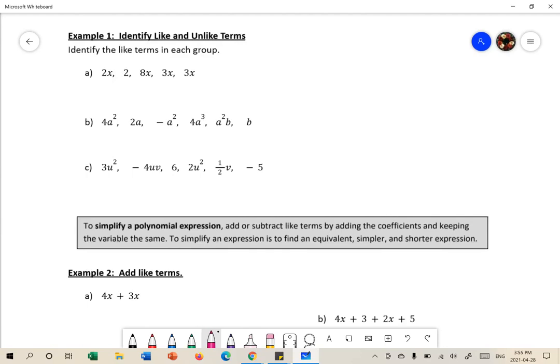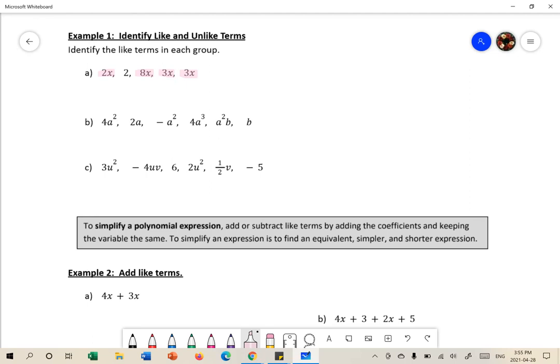Let's practice identifying like terms. In A, we have a bunch of terms here. So the like terms are 2x, 8x, 3x, 3x. 2 is not included as a like term because it's a constant.